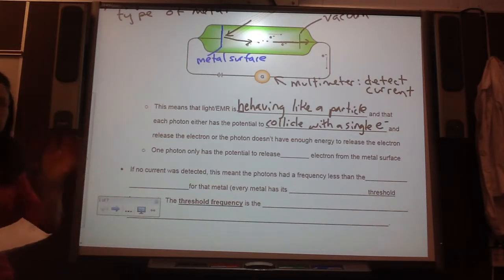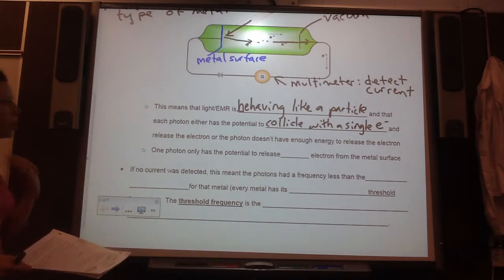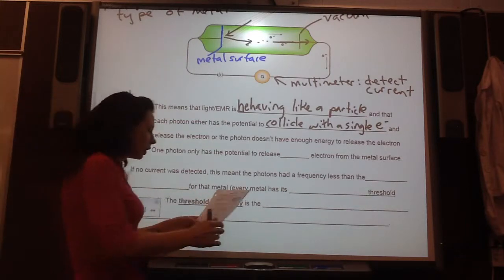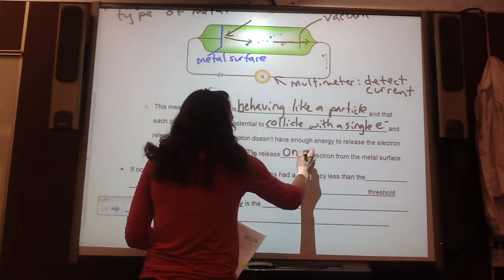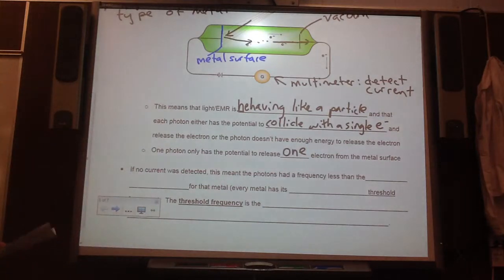Again, an all or none principle. One photon only has the potential to release one electron from the metal surface.